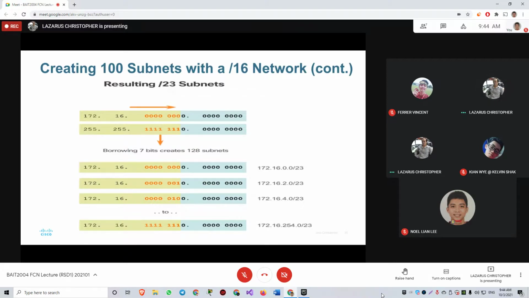Usually, in the questions you are given the starting point, which is the network address that you need to subnet, and from there you work your way.